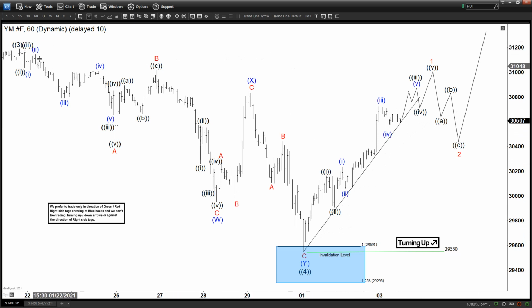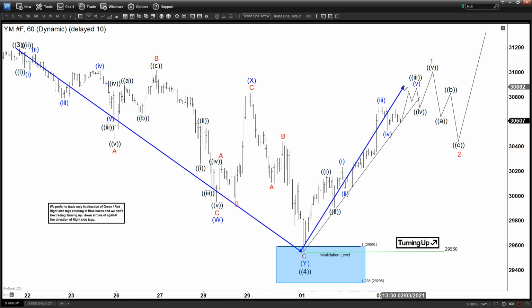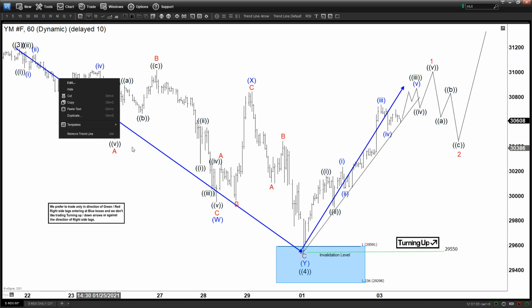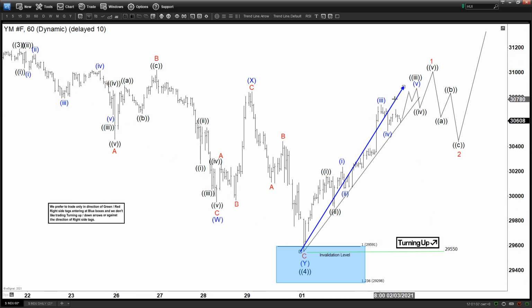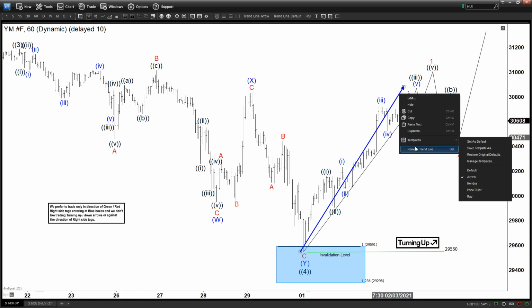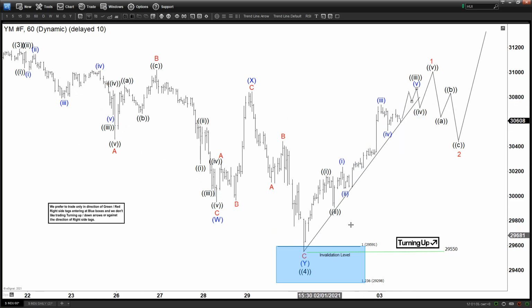Until that happens, a larger double correction cannot be ruled out until we break to a new all-time high. But again, the key really is trading at the blue box, which gives us a chance to create a risk-free position.